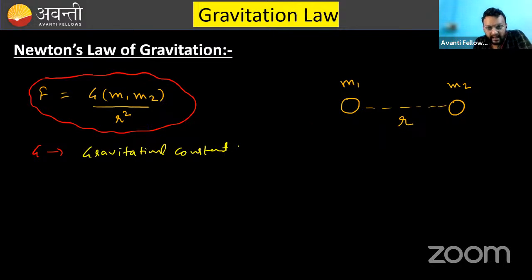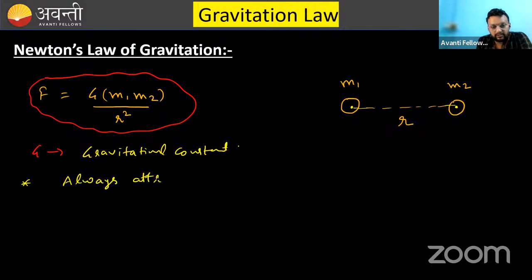Again, one thing is this r is the separation of the two masses, and this r is always considered from center to center. Again, one more thing, the force is a vector quantity, so it must have a direction, and gravitational force is always attractive in nature. So you can write, always attractive.